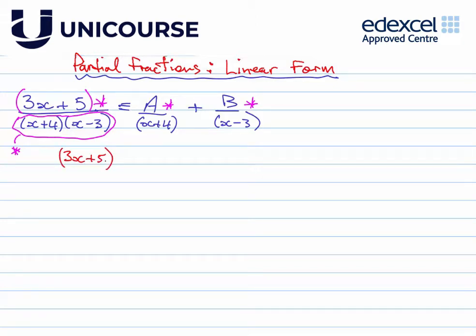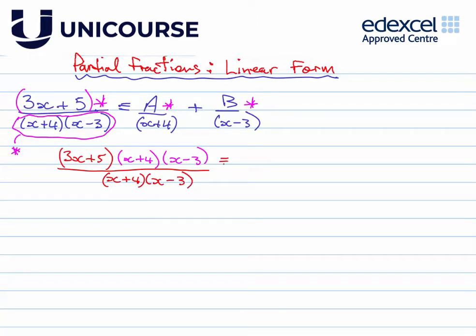That's going to multiply, let's keep it purple, x plus 4 times x minus 3. That's going to sit over what was there originally, which was x plus 4, x minus 3.